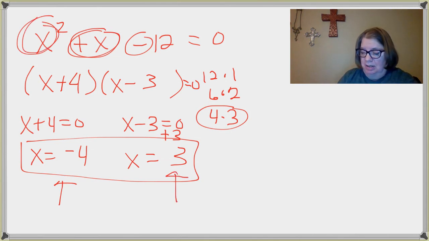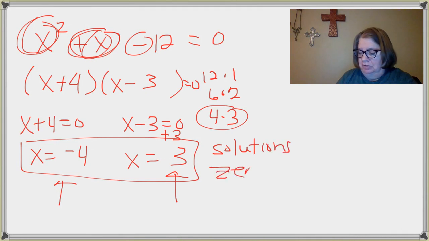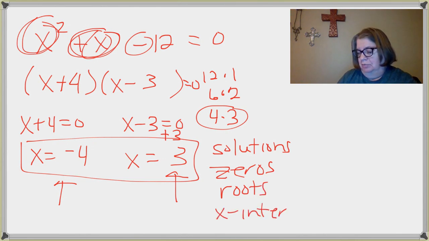If you take this 3 and plug it in for this x and this x, you're going to get 0. Those are the solutions. They're called solutions, they're called zeros, they're called roots, and they're called x-intercepts, which is an interesting concept. Okay, that's solve by factoring.